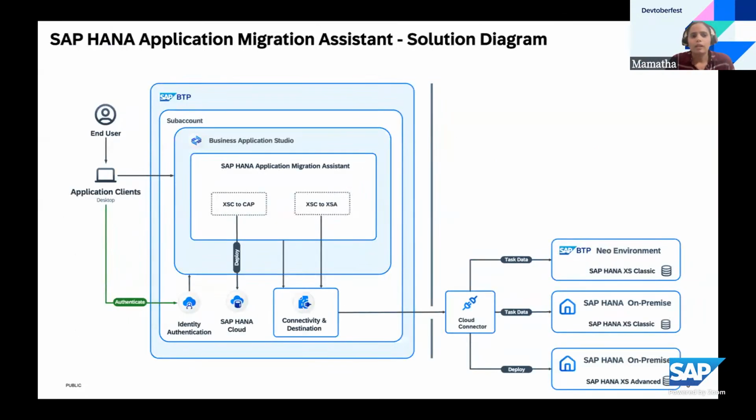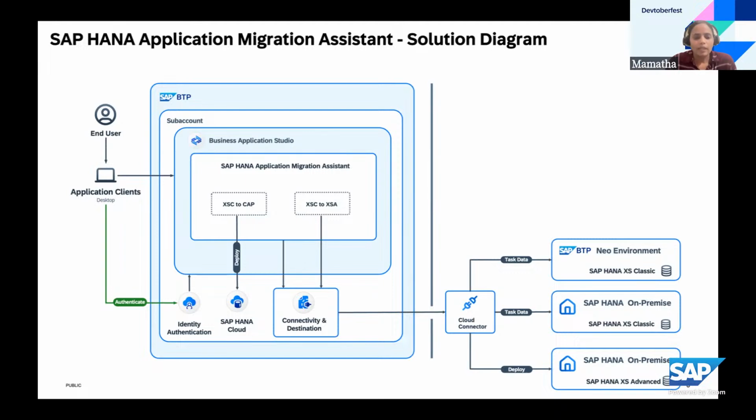The overall SAP HANA application migration assistant solution diagram looks like this. How do we access it? First, you should have a subscription to SAP Business Application Studio, and whoever has the required role to access the Business Application Studio would also get the SAP HANA application migration assistant extension.